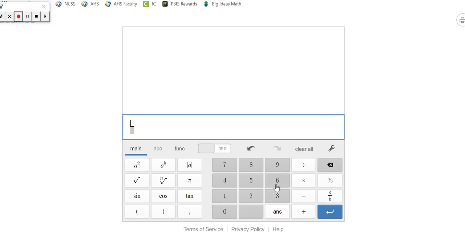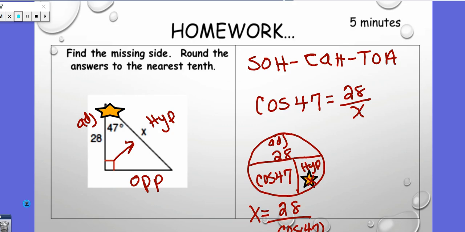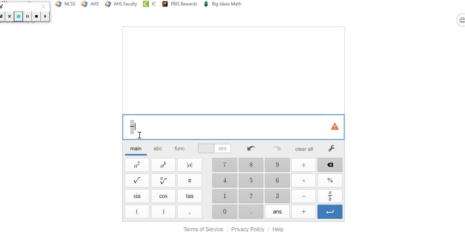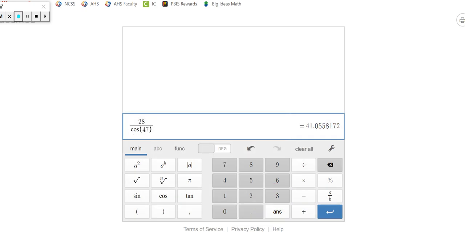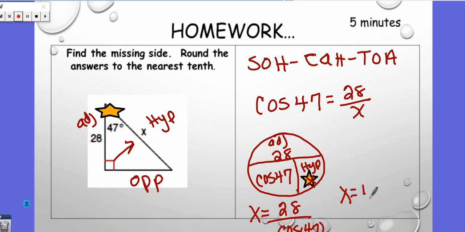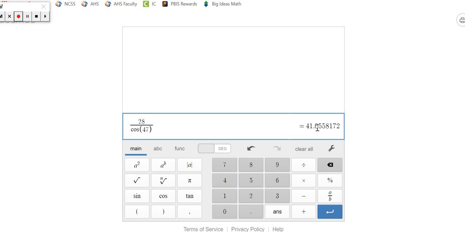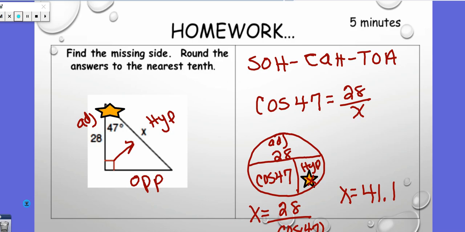I'm going to push this fraction key. What was it? 28 over cosine of 47. Let me double check. Oh no, that's 47. And that equals, x equals 41.1, because that 5 makes this go up. That's the nearest tenth. All right.